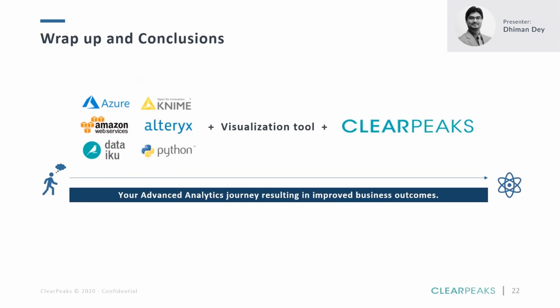And of course, you need a partner like ClearPeaks who understands in and out that it's not just about creating a model, just talking about buzzwords, but also taking it through till the end and enabling you with the right tools, and not only the right tools but the correct framework of decision making, capitalizing on the machine learning model that we have just built.